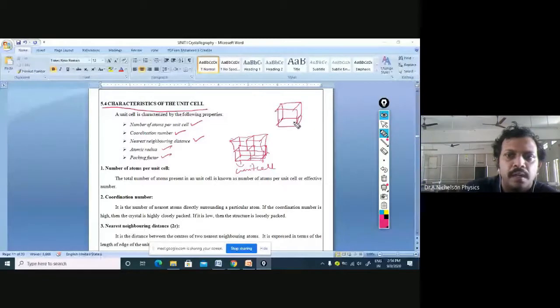Only this unit cell, not by the nearby neighbors. Okay. So coordination number, I will tell you these definitions one by one. First, number of atoms per unit cell: this is the total number of atoms present in an unit cell.